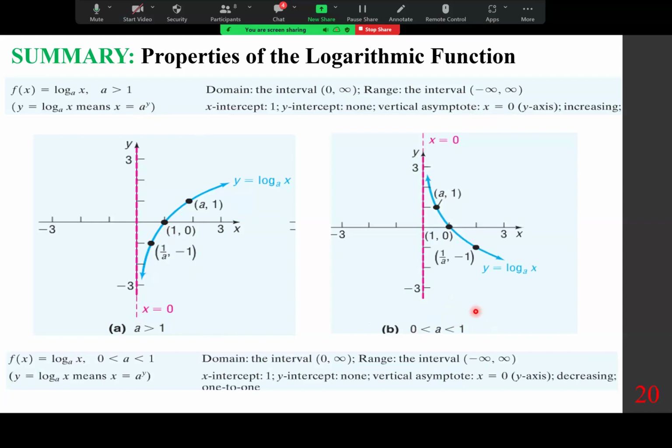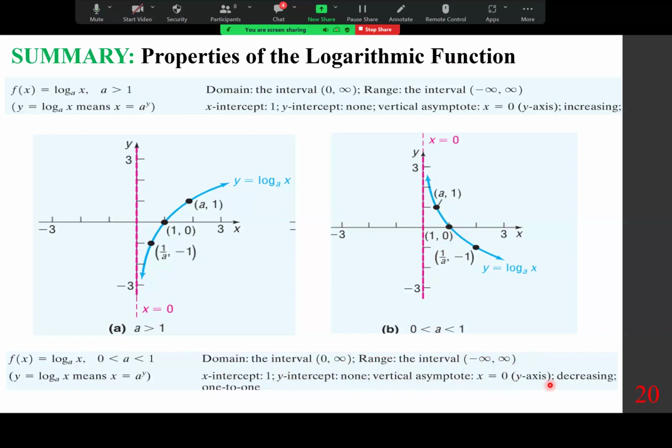However, if a is between 0 and 1, so log x base a with a between 0 and 1, everything is pretty much the same, except this is a decreasing function, meaning domain is 0 to infinity, range is minus infinity to infinity, x-intercept is still (1, 0), y-intercept, we don't have it, vertical asymptote is the y-axis or x equal to 0, and it's decreasing.